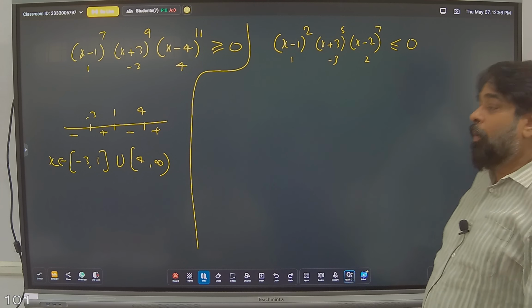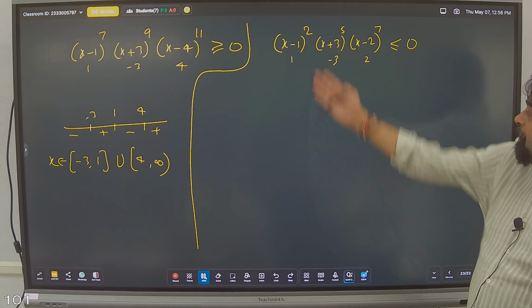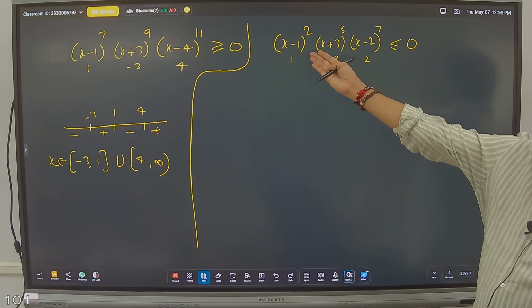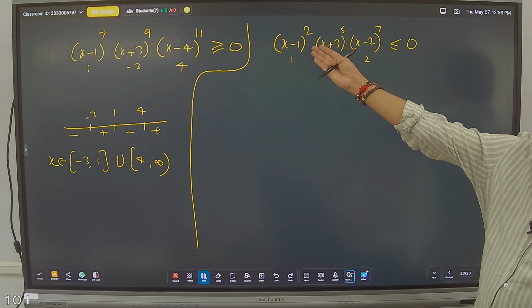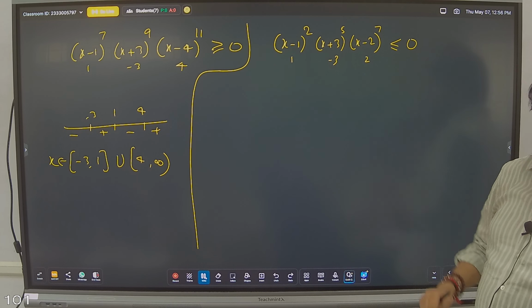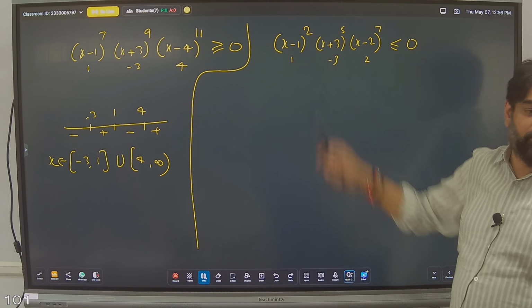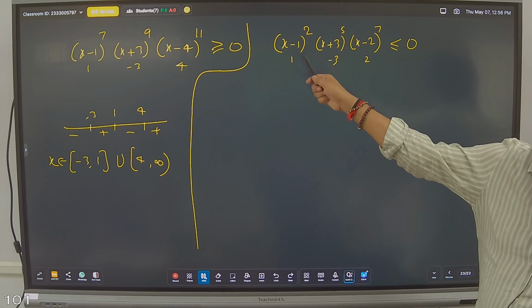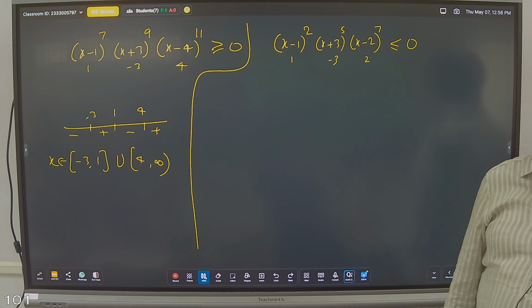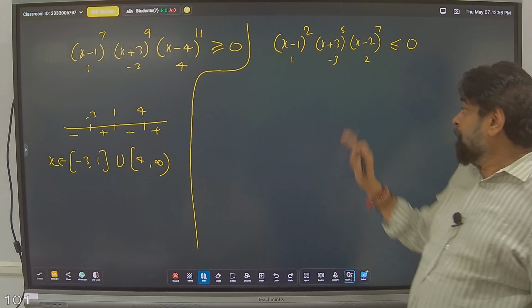Somebody may think, sir, this is always positive, a perfect square. But it's not always positive, it can be 0 also. I cannot throw it away, so forget the idea of throwing.